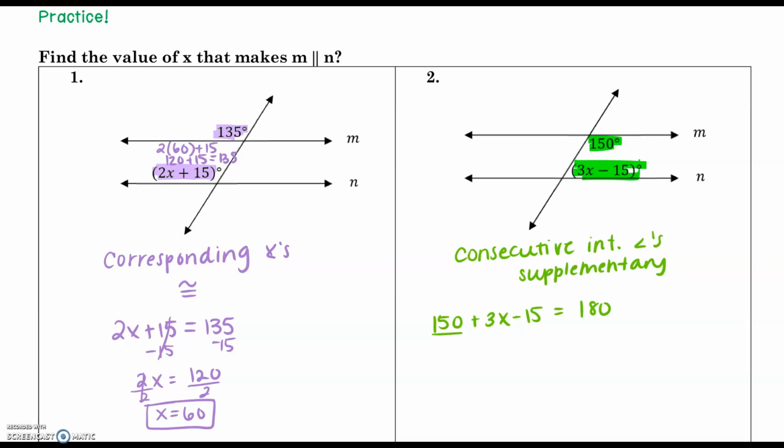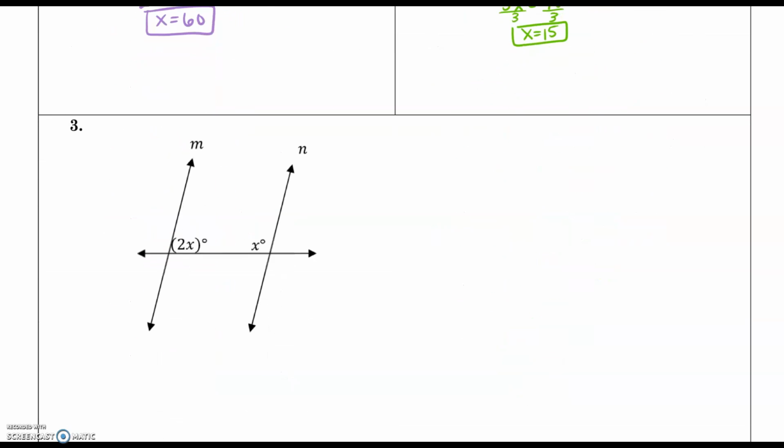So 150 minus 15 is 135. We're going to subtract 135 from both sides. So we have 3x is equal to 45. And then we're just going to divide by 3. X is 15. So when x is 15, we know our two angles are supplementary. They add up to 180. So we know M is parallel to N.